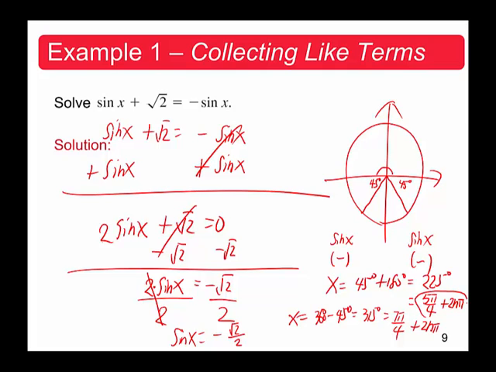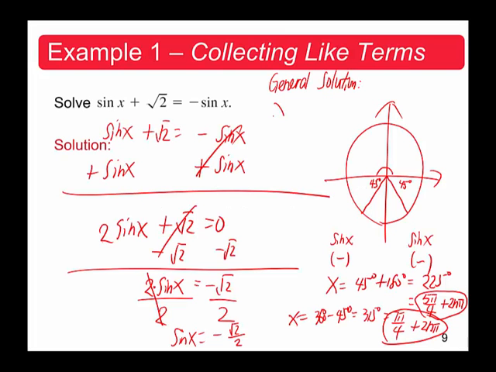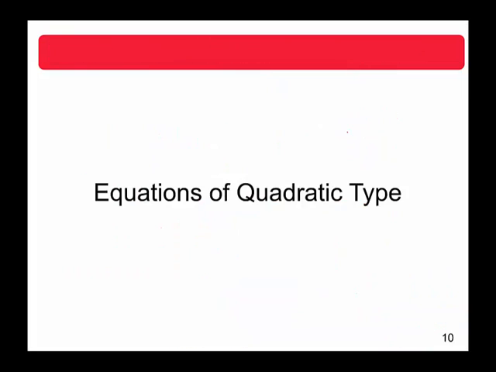So you have two general solutions: x equal to 5 pi over 4 plus 2n pi, or the other general solution, 7 pi over 4 plus 2n pi. Typically, draw the unit circle. It will help you figure out where the angle is located.